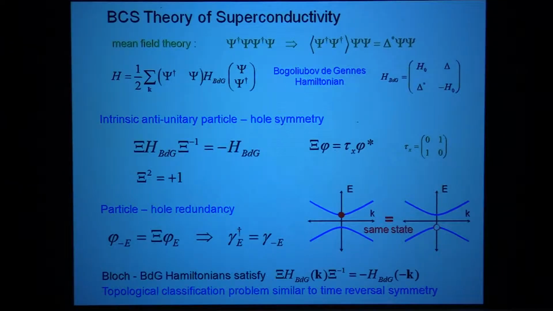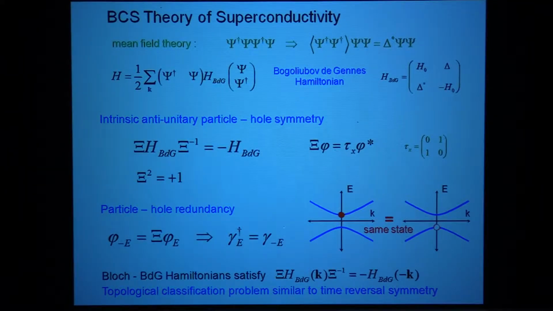Okay, and the reason these can be the same, of course, is because you can give Cooper pairs away to the condensate for free. The number of Cooper pairs is not definite in a superconductor, and that's how these two can actually be the same state.